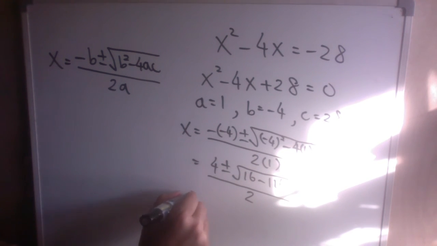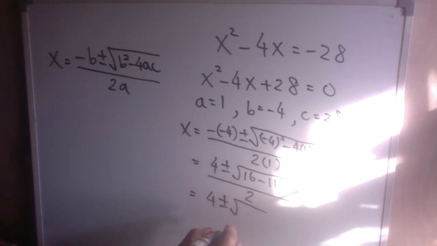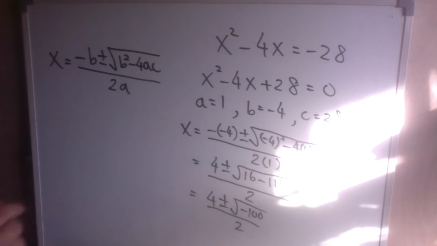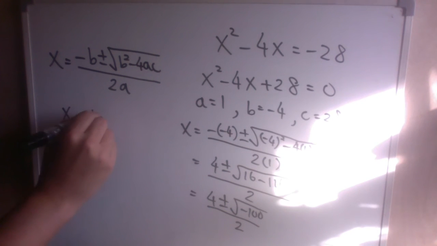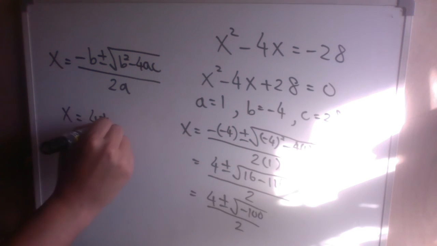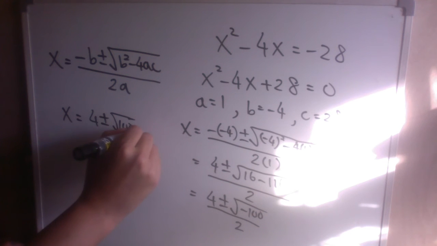So this is equal to 4 plus and minus the square root of 16 minus 116, so that's negative 100, over 2. So x then is equal to 4 plus and minus the square root of negative 100, that's going to be the square root of 100 times i.